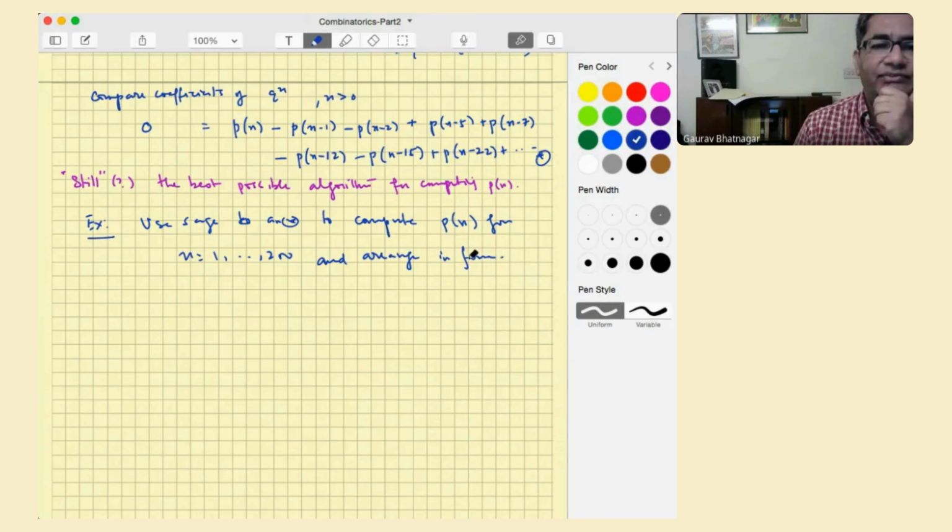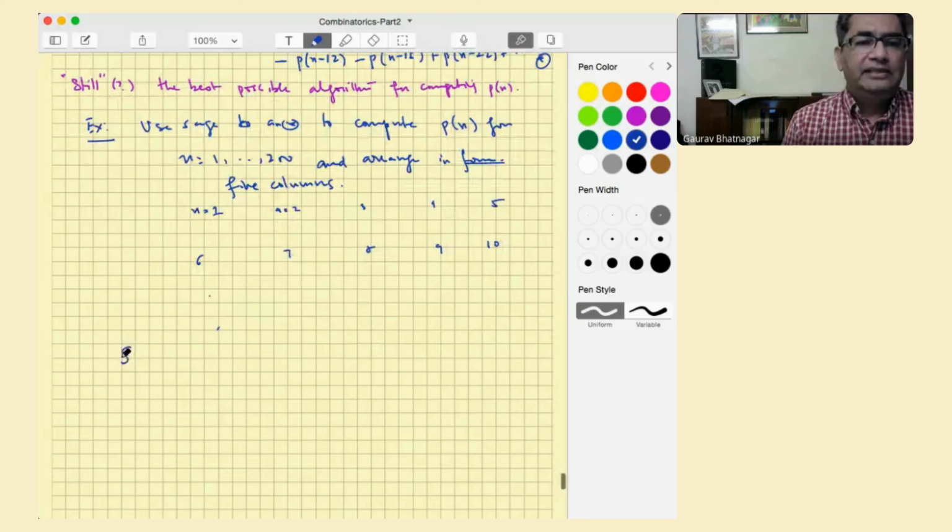So arrange in 5 columns. So n equal to 1, then 2, 3, 4, 5. Then you do 6, 7, 8, 9, and so on.